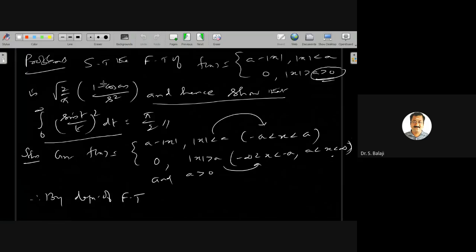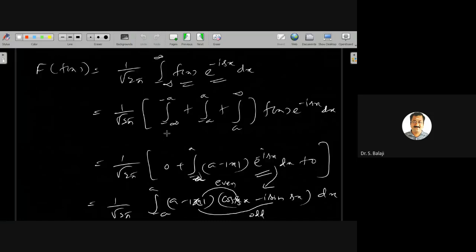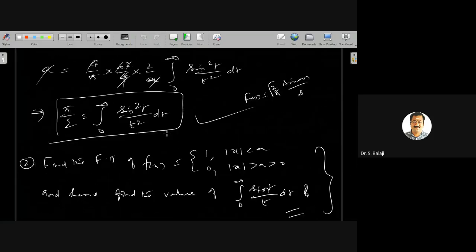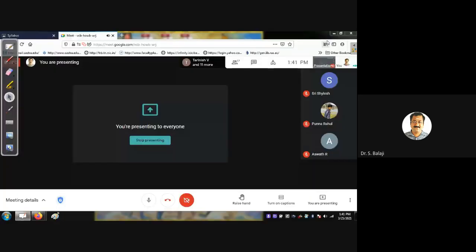If you take this into the integration, for that purpose you take the inverse Fourier transform definition, substitute, and you can get the result here. This is the Fourier transform definition for related problems.